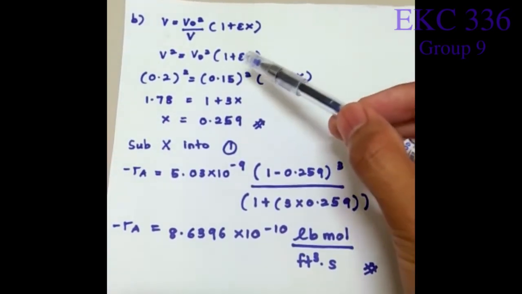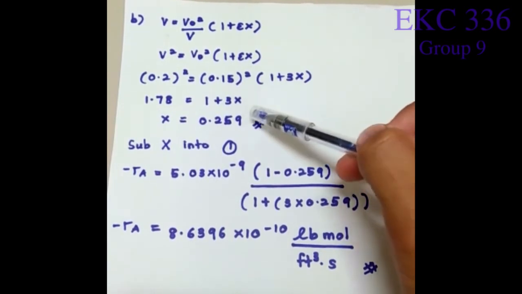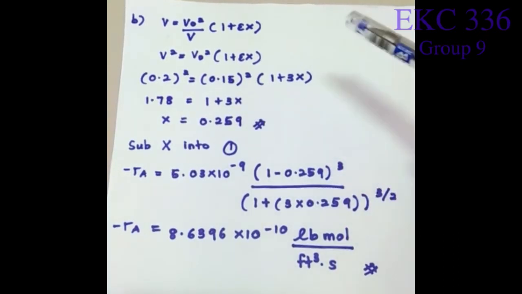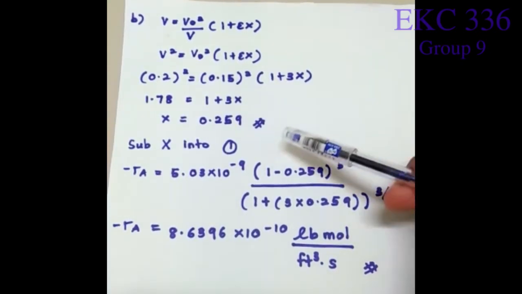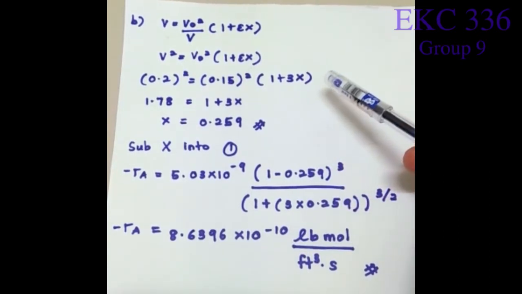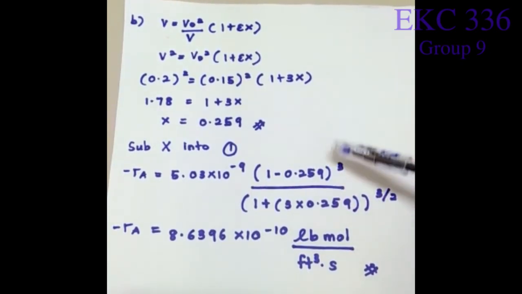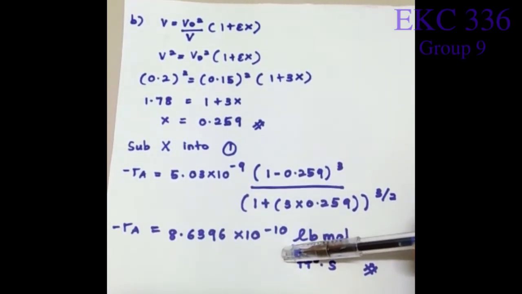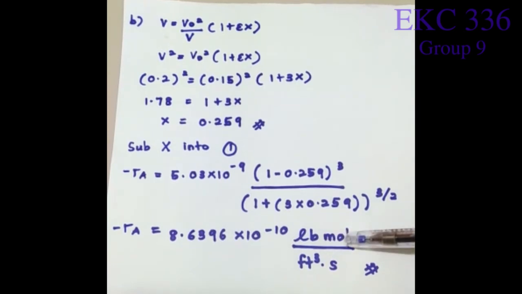Then we plug in the values to get the conversion x equal to 0.259. For the rate of reaction, we substitute x into equation 1 as mentioned in part A to get the value of 8.6396 times 10 to the power of negative 10 pound mole per feet cubed per second.